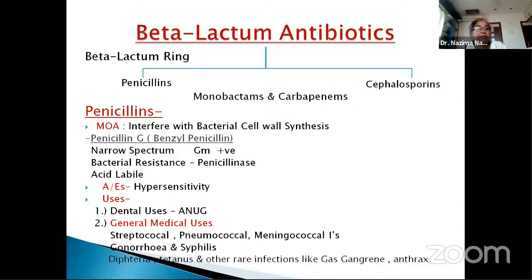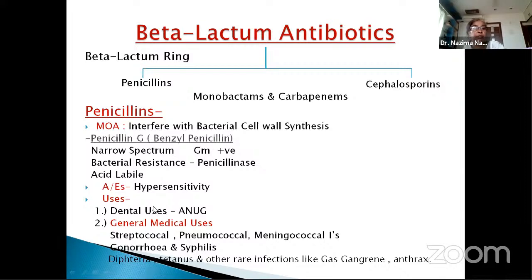Now, the adverse effects again are important of this drug. Hypersensitivity reactions with this drug are a major problem why this drug is not preferred nowadays. Better drugs are available now. These hypersensitivity reactions are rare, but you can say life threatening, and therefore the use of penicillin G has declined because of this problem of hypersensitivity.